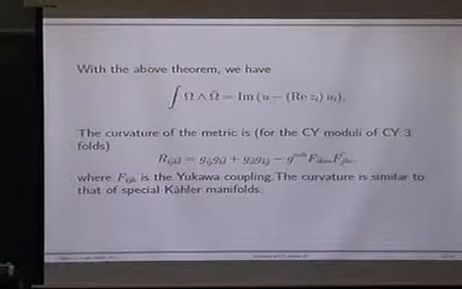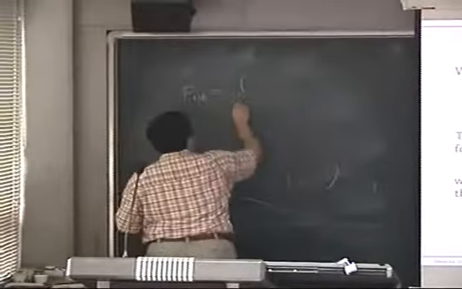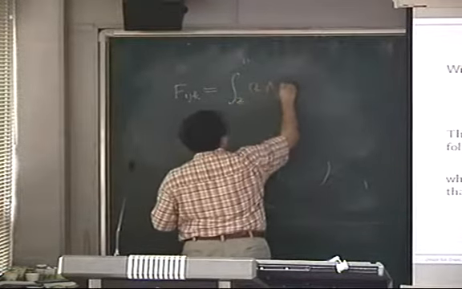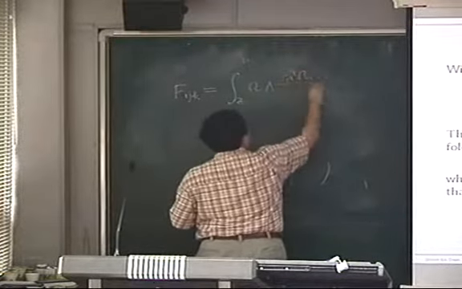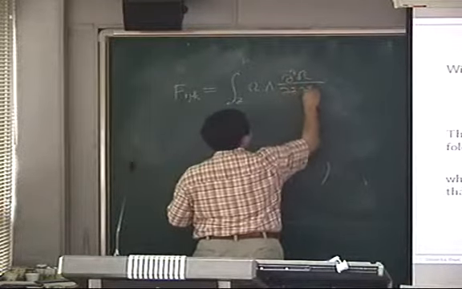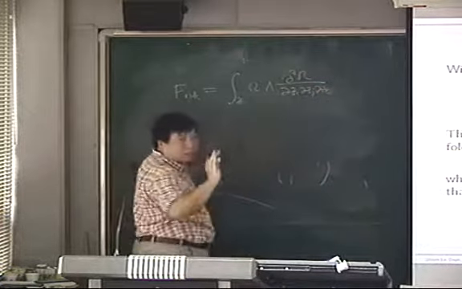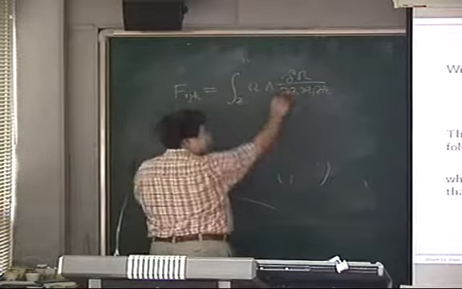So F is called the Yukawa coupling. In our case, it can be written in the following way. Fijk is equal to, on Z, the integral of omega wedge Zi Zj Zk. So this makes it holomorphic because there's no bar here.